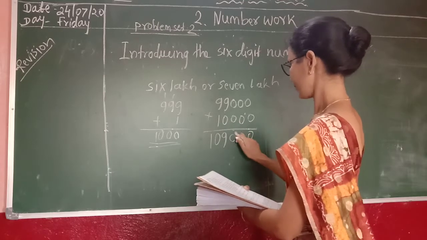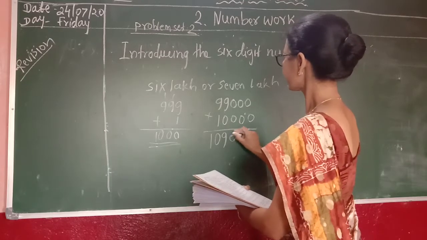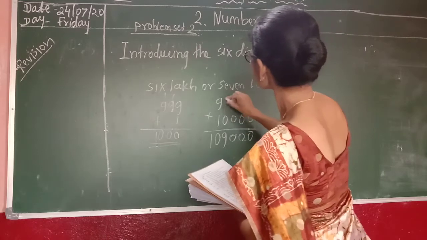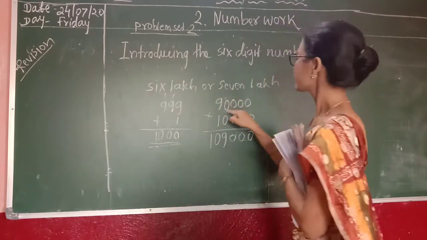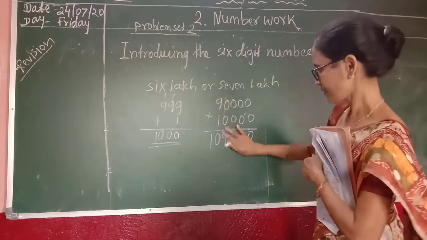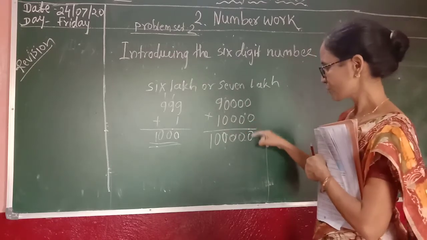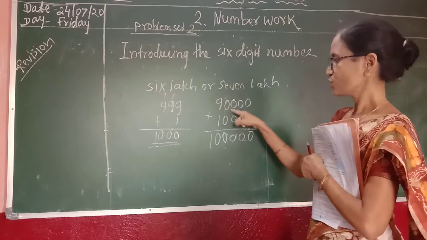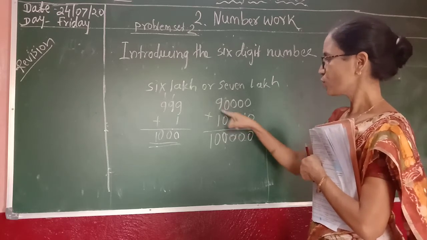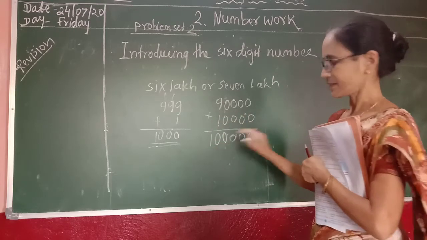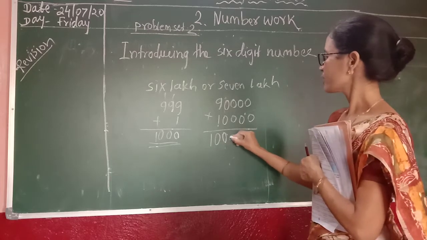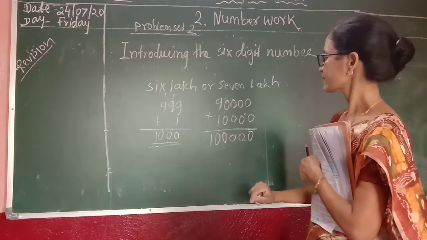Sorry, 90,000. 1, 2, 3, 4, 5, 90,000 plus 10,000. That is 0 plus 0, 0, 0 plus 0, 0, 0 plus 0, 0, 0 plus 0, 0 and 9 plus 1, 10. So 1, 2, 3, 4, 5, 6.